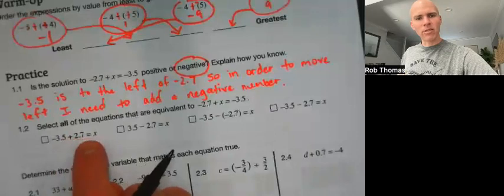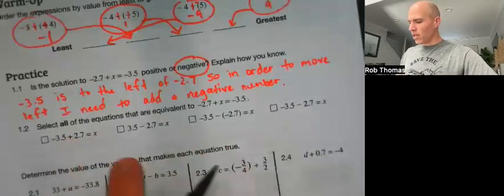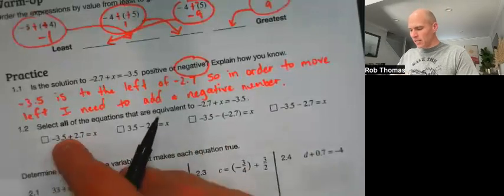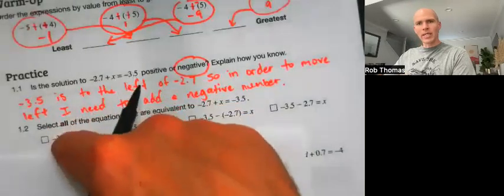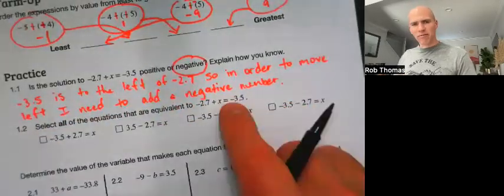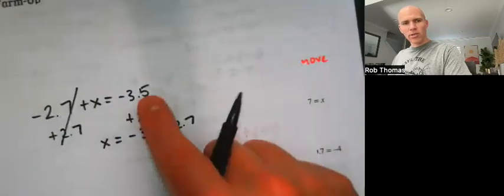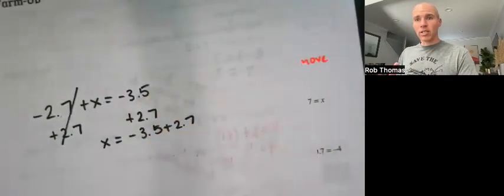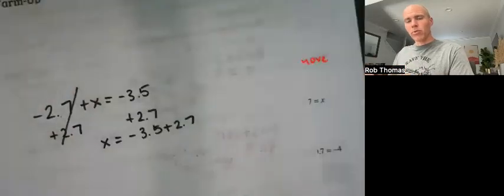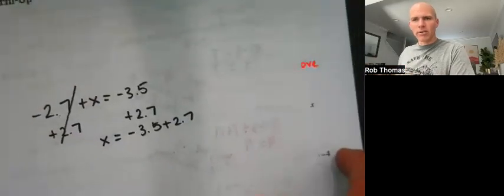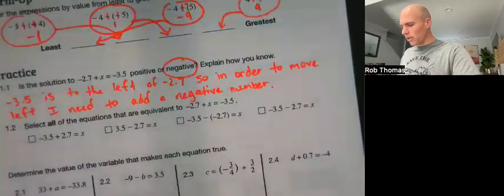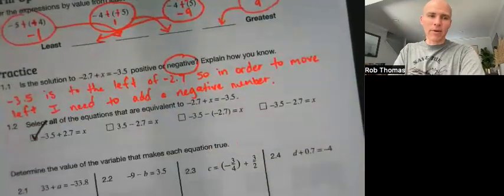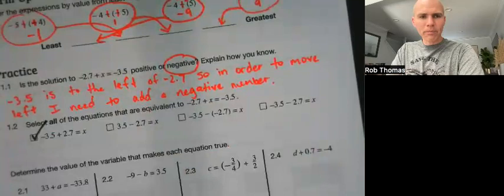Negative 3.5 plus 2.7 equals x. So this equation is what you would get if you did the first logical solution step. And whenever you do that and you make a new equation, that equation is supposed to be equivalent to the previous one you had. Otherwise, what are you doing if you're changing the equation, right? It should be equivalent. So I'm going to give that one a big yes.